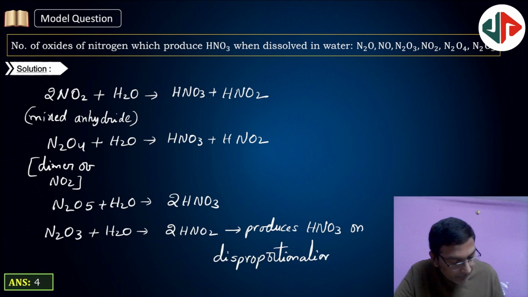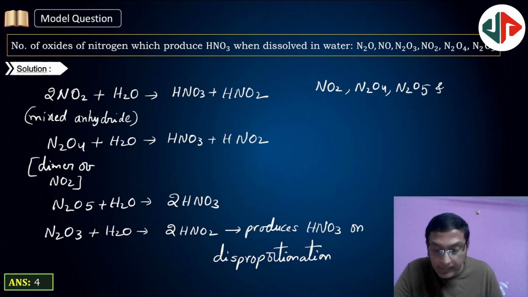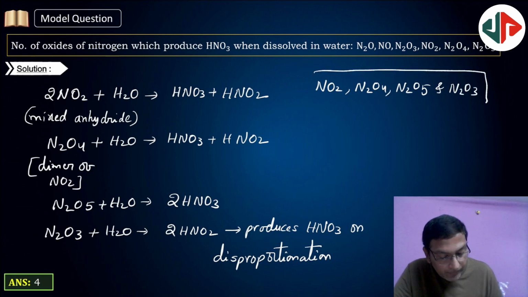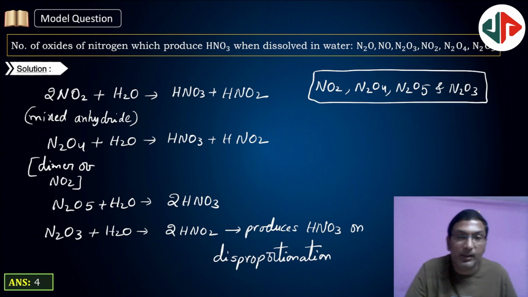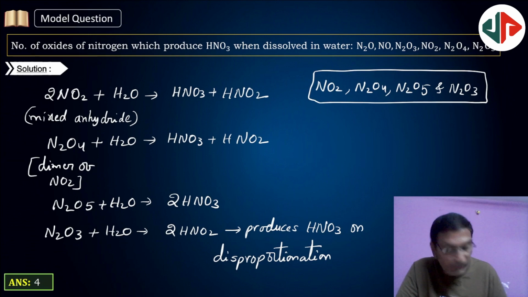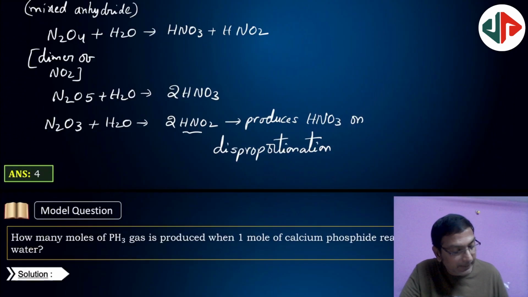So therefore, NO2, N2O4, N2O5 and N2O3 can produce HNO3. Therefore, total number of oxides is 4. So these can produce HNO3 on disproportionation. Total 4. Next.